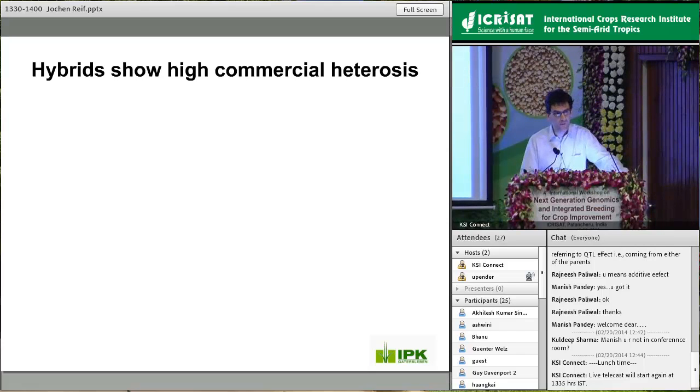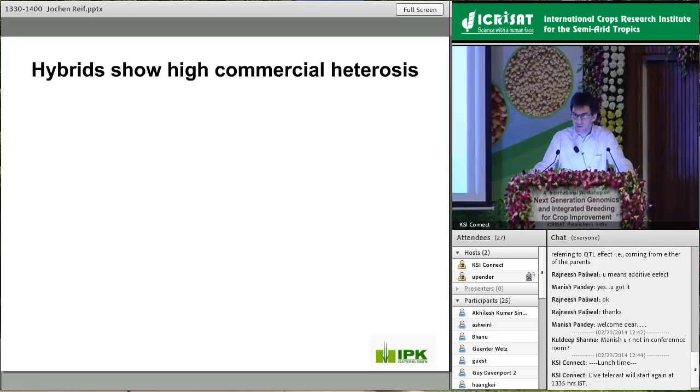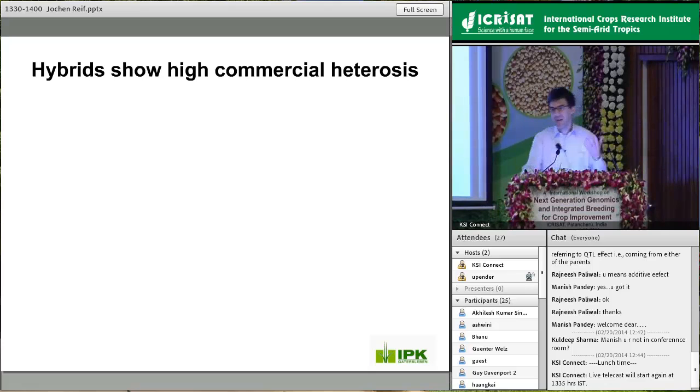And we observed a huge proportion of lines out-yielding this Tobak variety, and I would coin that a commercial heterosis. And that commercial heterosis was in the range of nearly 10 decitons per hectare, and that was for the breeders quite convincing. They thought that it was worth to spend so much energy in producing the hybrids and testing them in so many environments.